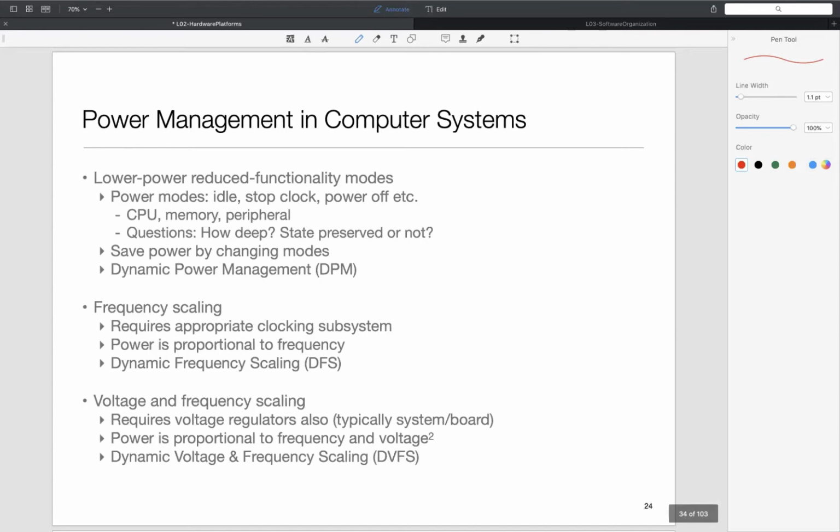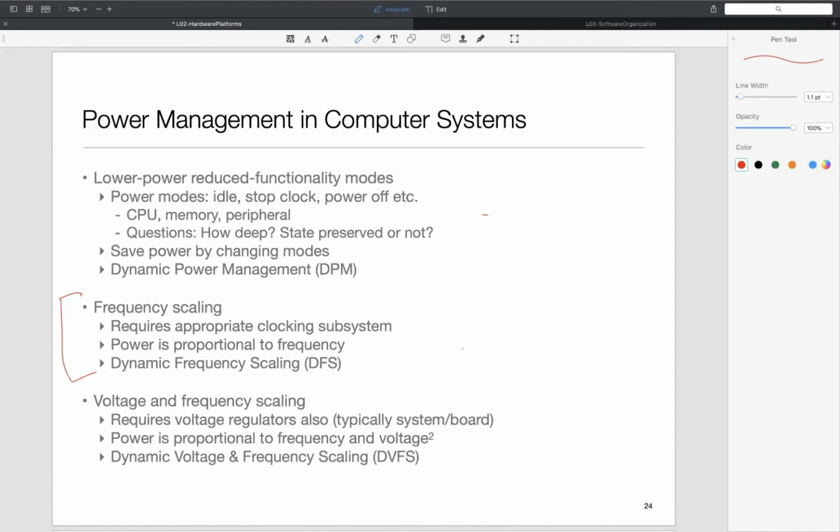So the most sophisticated form, so the first one was shutdown, the second one is frequency scaling, and frankly, frequency scaling is really not a serious way, right? I mean, why would I do frequency scaling? Think about it, I might as well just run rapidly and shut down. Voltage and frequency scaling together is the most interesting one.